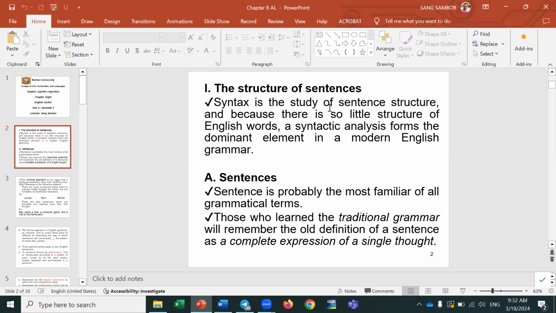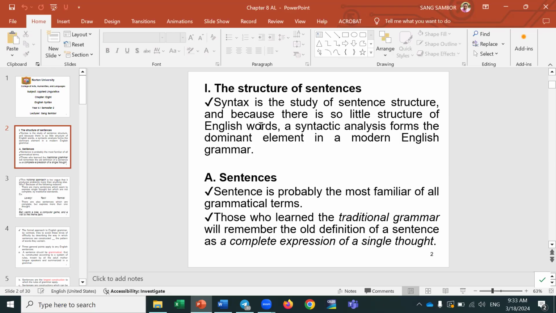So we use this syntactic tree to help us identify the smaller, important elements forming a good sentence in English. You got it? Okay, let's see here.